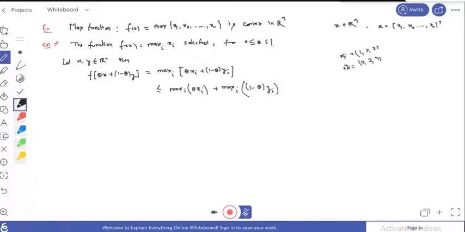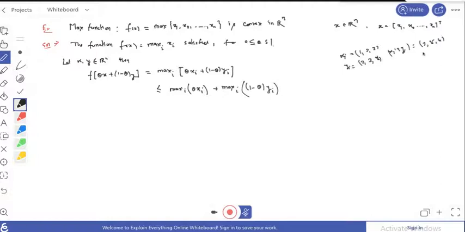Adding them, the components of xi plus yi are 3, 5 and 7.